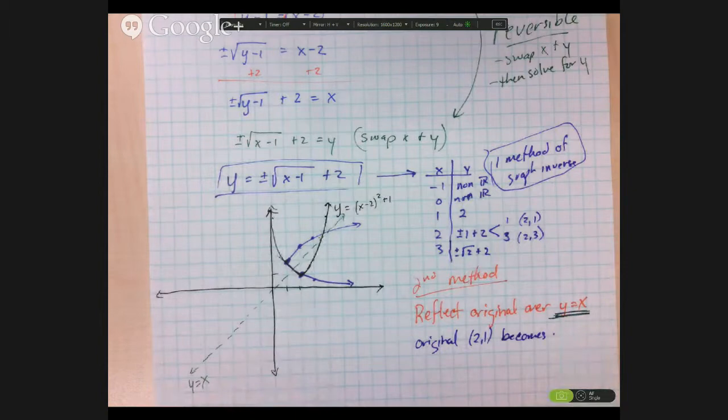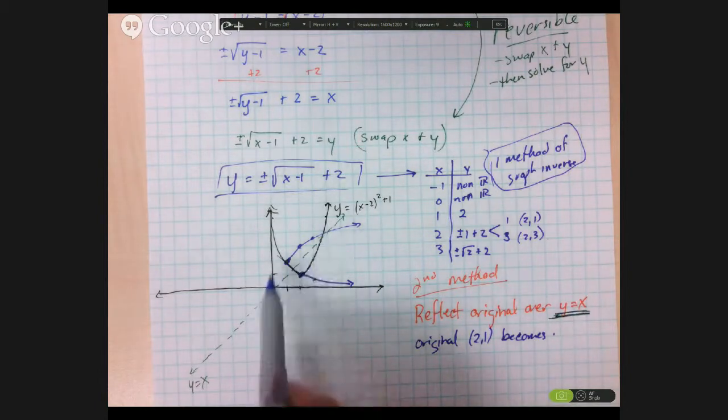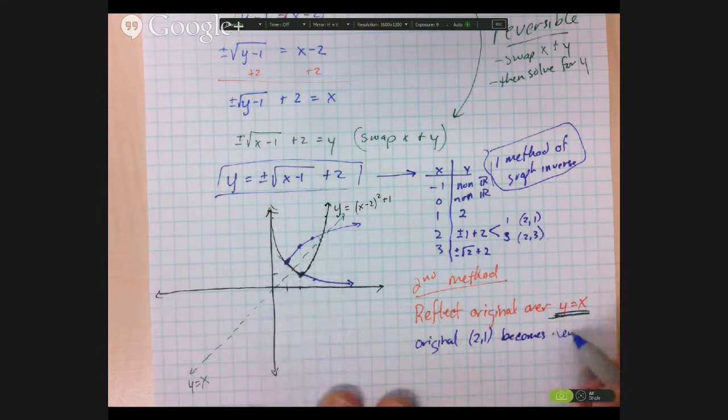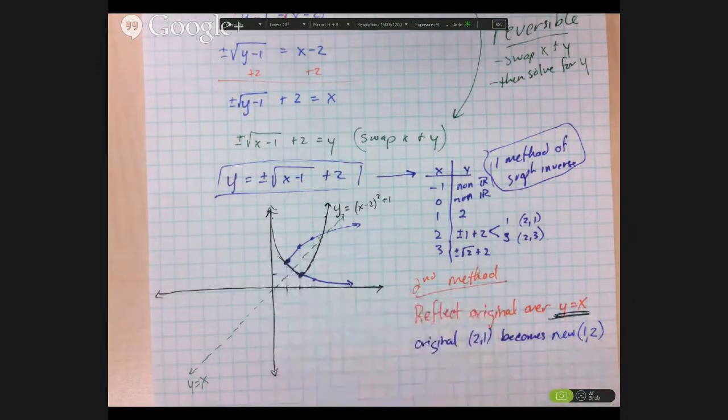Okay, here's the trick with reflecting over y equals x. We know that we have 2, 1 on the original graph, right? That's the vertex of the original. That becomes the new 1, 2. Right there, that's the new vertex.